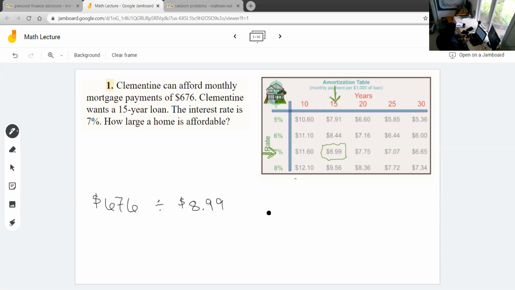So 676 divided by 8.99, and I get about 75. So that 75 is counting thousands of dollars of mortgage.